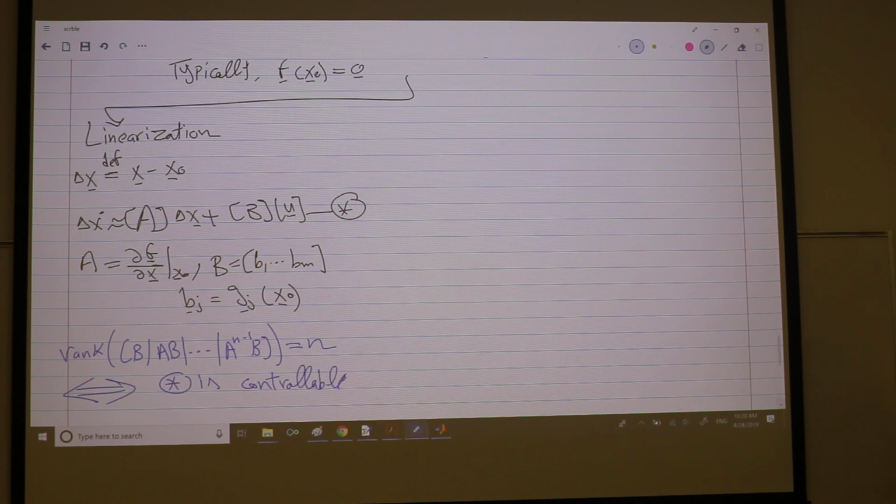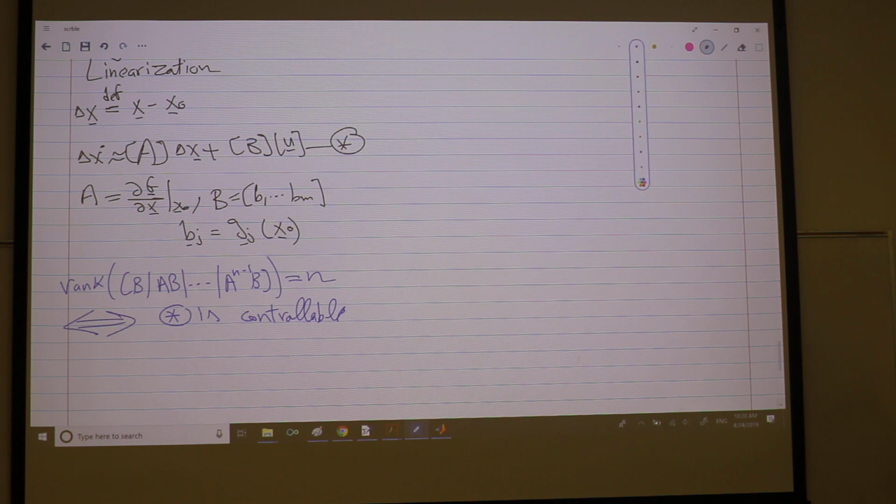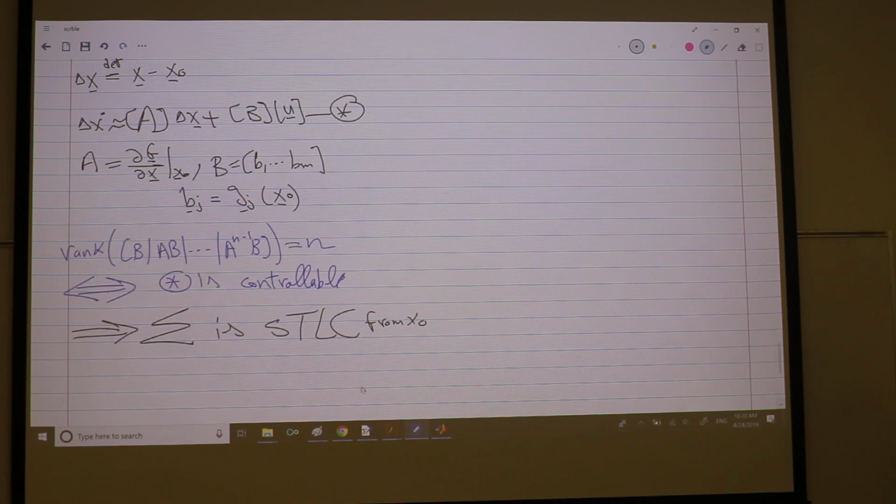And if the linearized version is controllable, like any other property, stability or whatever, this is sufficient. If the linearized version is controllable, then the nonlinear version, sigma, is STLC, small time locally controllable from x0. So this is a sufficient condition. But it's not necessary, we don't have it the other way around, so it's only sufficient. Okay? Any question about that?